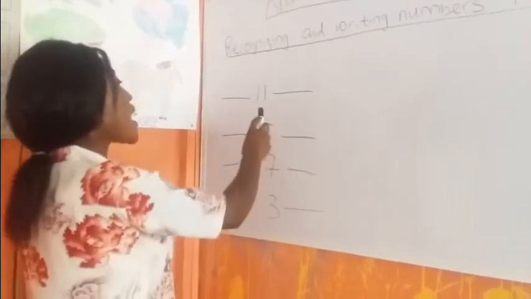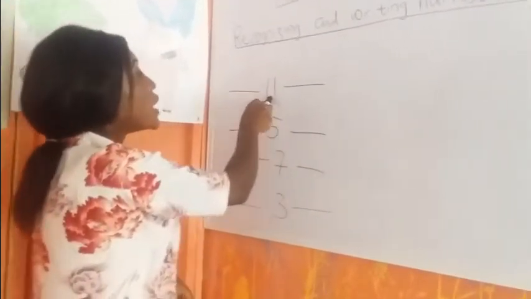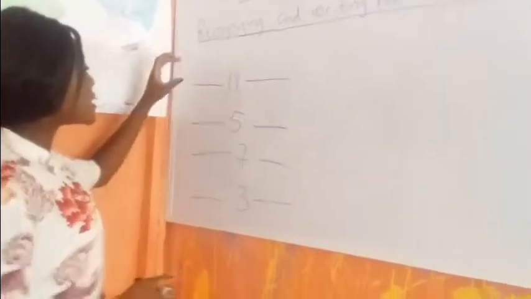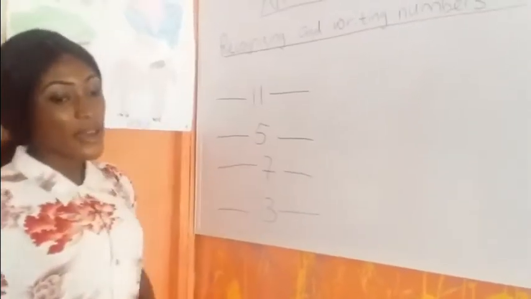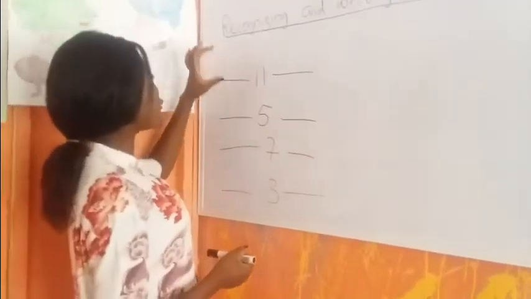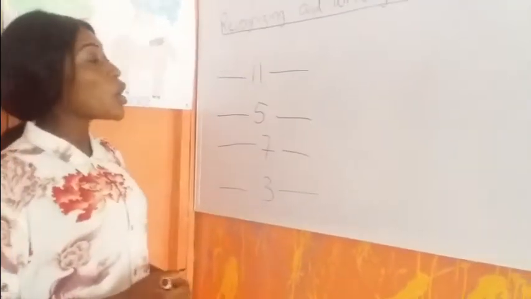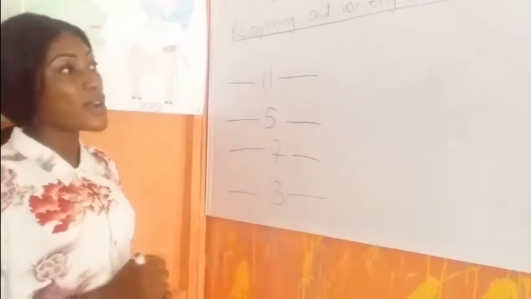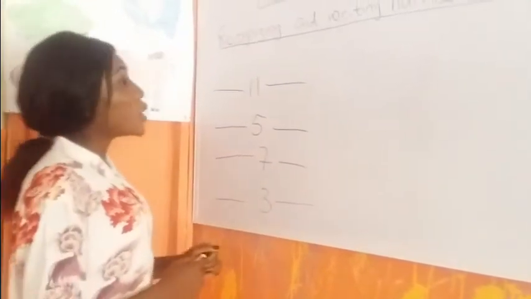The number here is number 11. Now what number is before number 11? That means what number is in front of 11? What number will you write before you write 11 when you are writing your numbers? We can refer back to our chart.